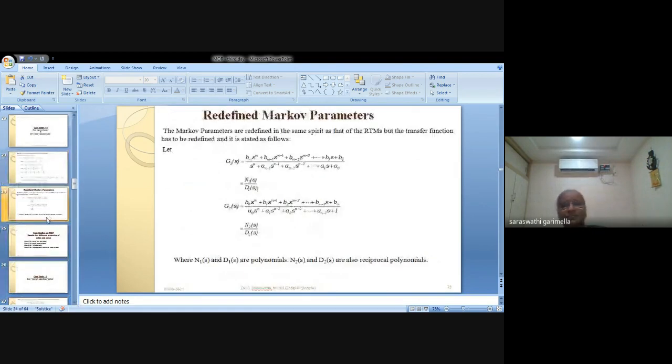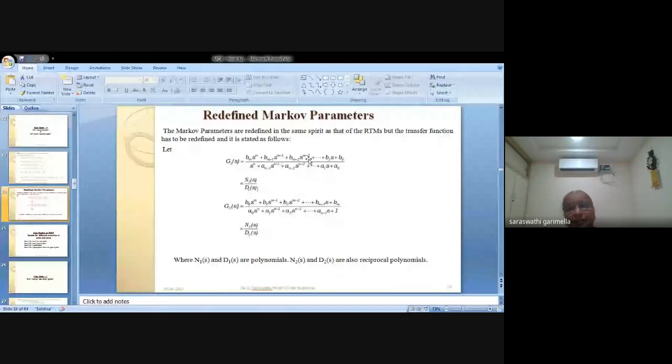Then redefined Markov parameters. I wanted to tell you those expressions were given like that, but for Markov parameters, what do we do? Generally our transfer function will be like this: Bm s to the power of m, Bm minus 1 s to the power of m minus 1.